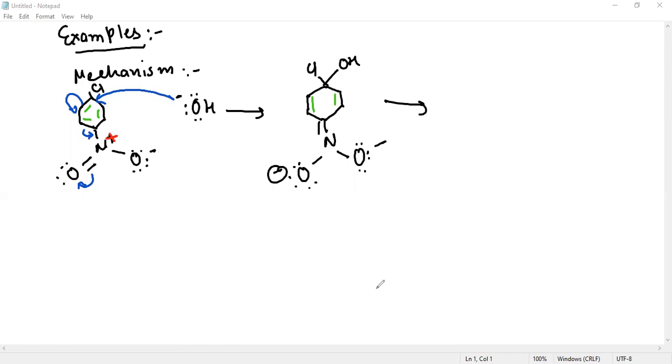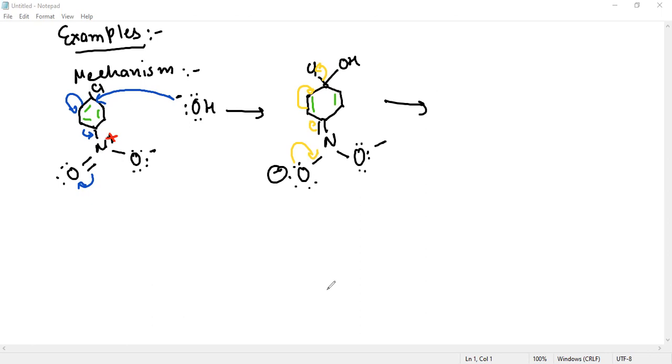This oxygen, let's try it with the yellow pen, this lone pair will move here, moving this bond over here, which will push this one back right here, and this will kick the chlorine out. The same thing in reverse is happening here. This one moved here, this one moved back here, and this caused this bond to move over here, kicking this leaving group out.